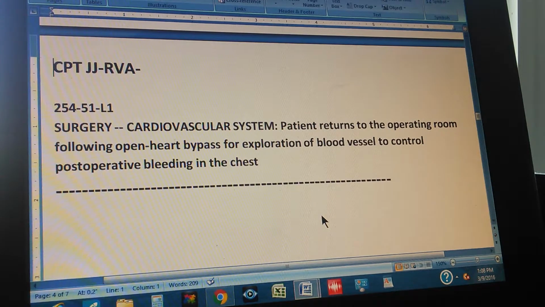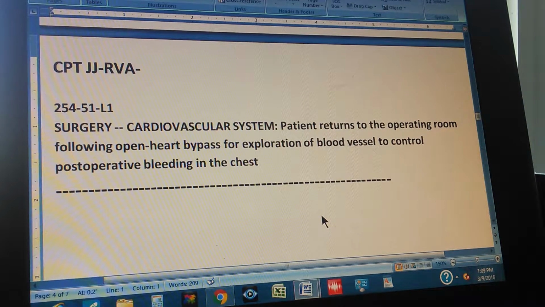That's right, it's the surgery section of the CPT code in the cardiovascular system. That's the problem, and you have to give us the code for this procedure, right?